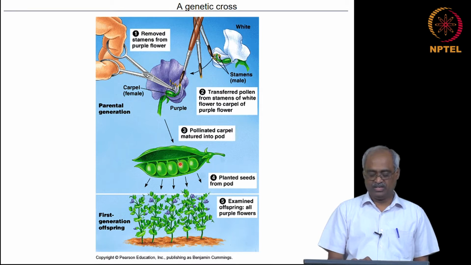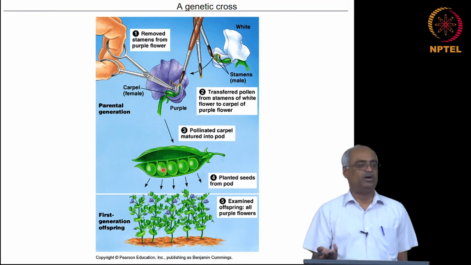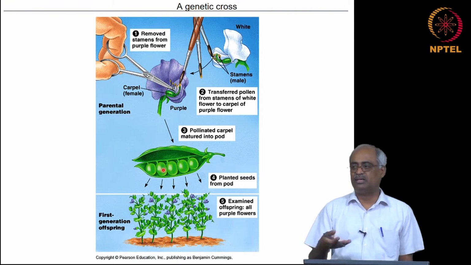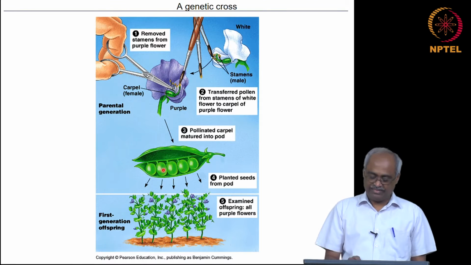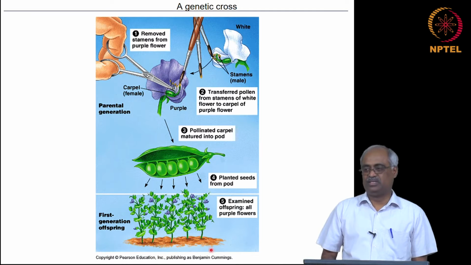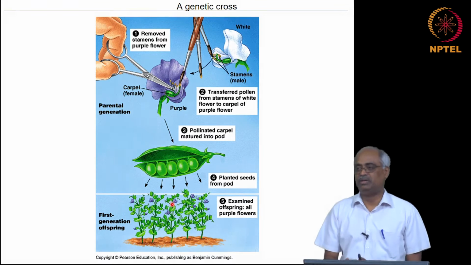It is like in some of the mammals, like if you take mouse or dog, you have litter mates, right, it is not like one only. So, like this you have multiple of them, then you sow those seeds and allow them to grow, and when they grow then you look for the phenotype. So, this is the experimental setup.